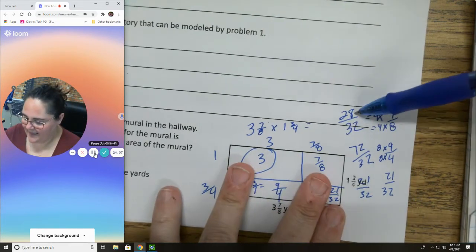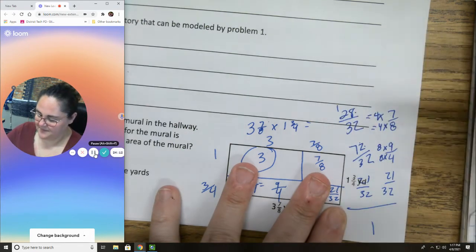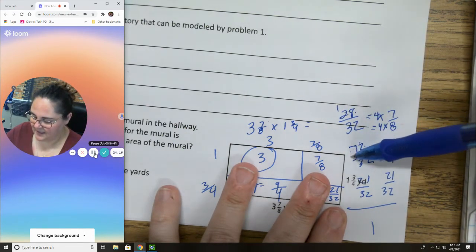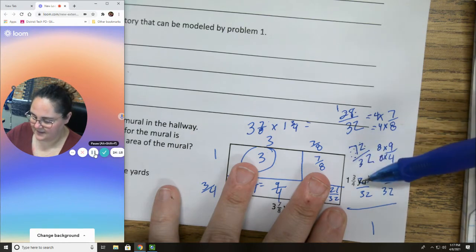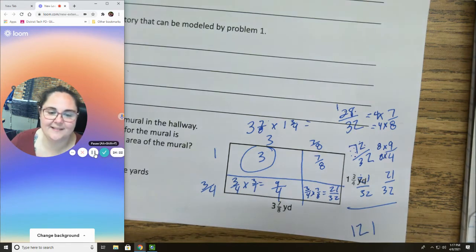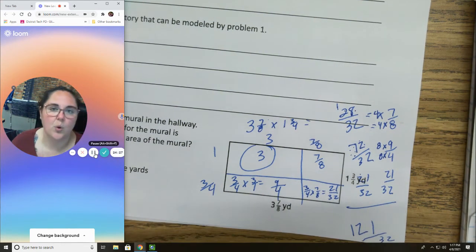Now let's add them up. 8, 9, 10, 11. Carry my 1. 1, 2, 3, 4, 5, 6, 7, 8, 9, 10, 11, 12. 121/32.